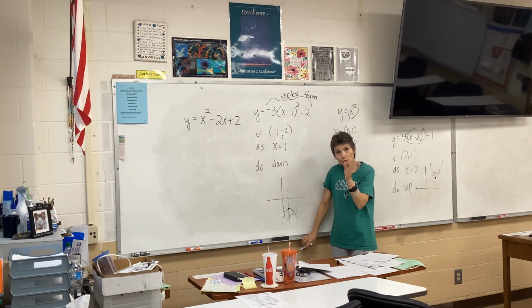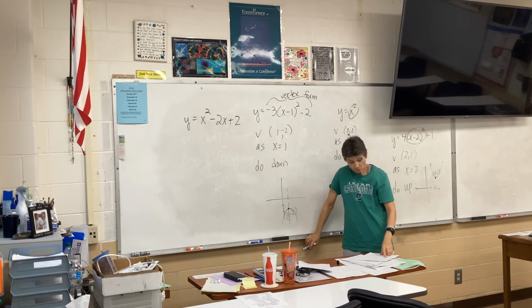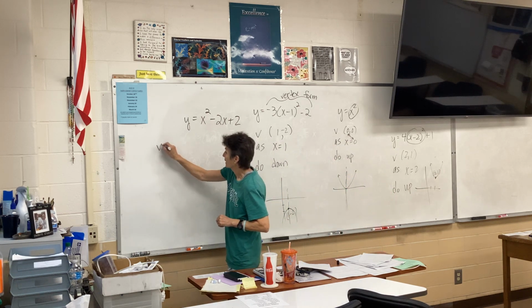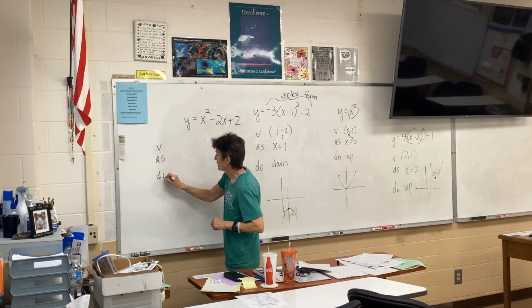I want you to go ahead and cross out where it says write in vertex form. I am not going to require you to rewrite the equation. So cross off write in vertex form on number 4. But we are going to find the vertex, axis of symmetry, and direction of opening.